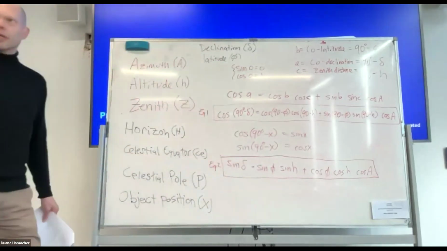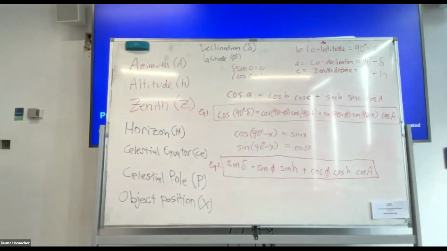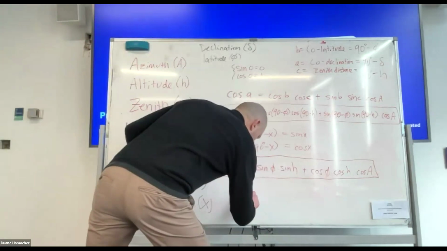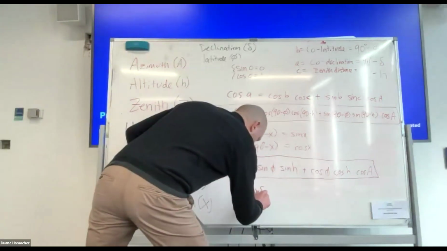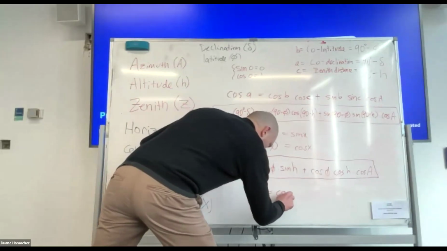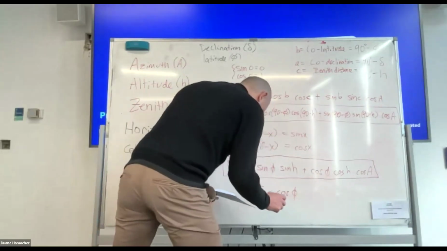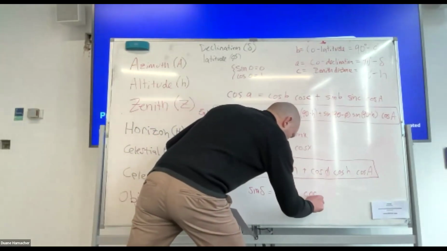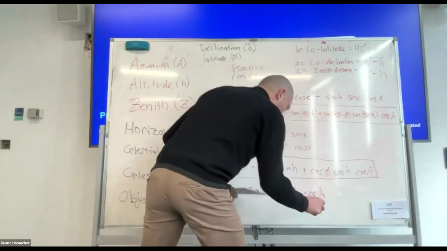What would that simplify to? That's right. The sine of the declination is going to be equal to cosine of our latitude times cosine of the azimuth.